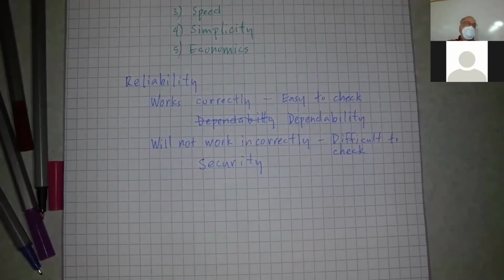So you put 20 amps through the relay, it trips. It's dependable. You put 17 amps through the relay and it trips. It's not very secure. Does that make sense? So there's two parts of reliability, dependability and security. Dependability is easy to check. Security is very difficult to check.